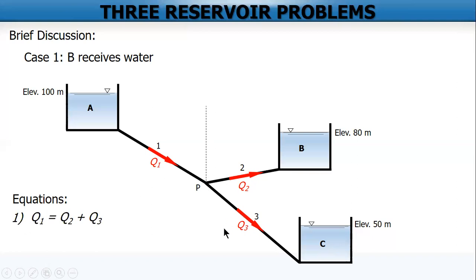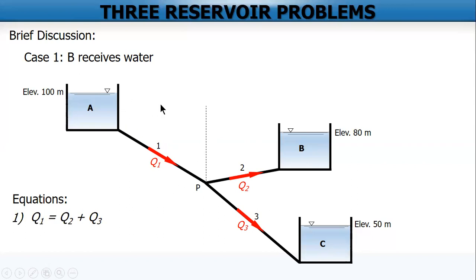Again, since the flow at B is from left to right, the hydraulic grade line will slope downward from left to right. So your hydraulic grade line is here. Of course, it is lower than 100, because it cannot exceed 100, since we have friction loss in pipe 1.